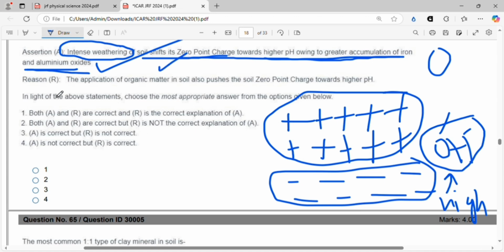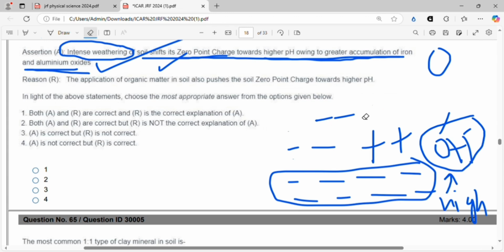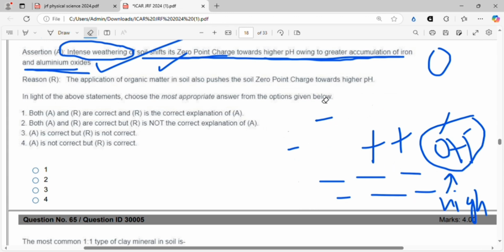Now coming to the reason statement: the application of organic matter in soil also pushes the ZPC towards higher pH. This is wrong. It cannot be higher pH. Why? I think by now you have got the concept and you already know the answer. Still, let me explain. Organic matter is highly negatively charged. So organic matter contributes more negative charge in the soil colloid, because the amount of negative charge will be increased with the addition of organic matter.